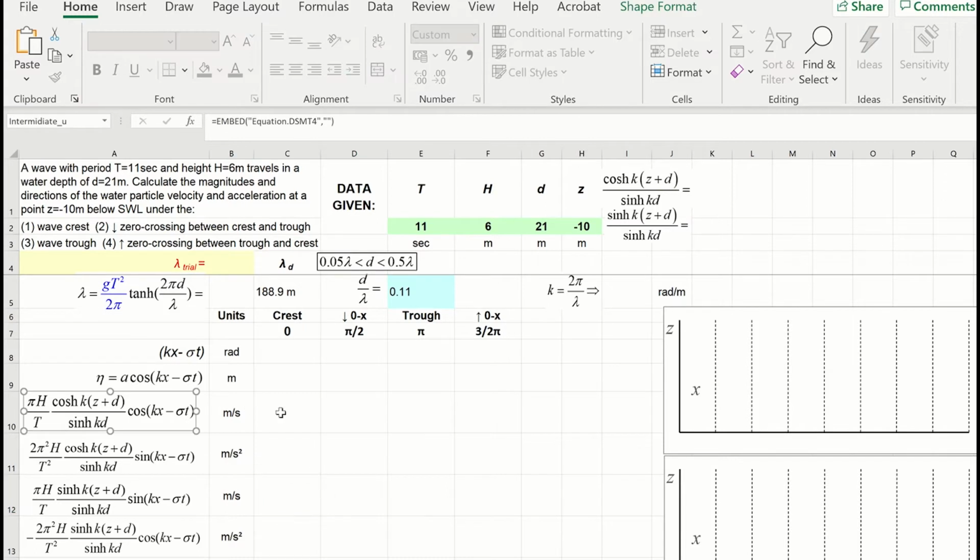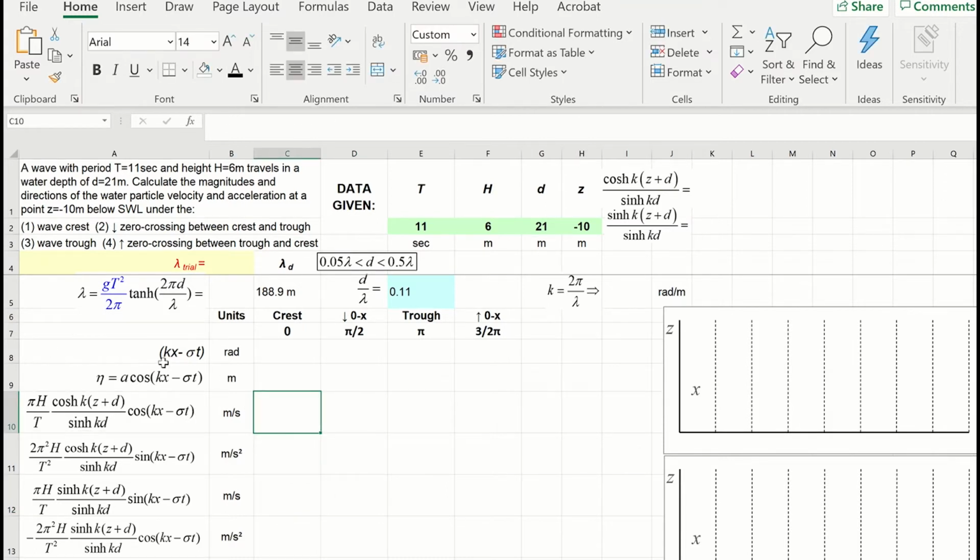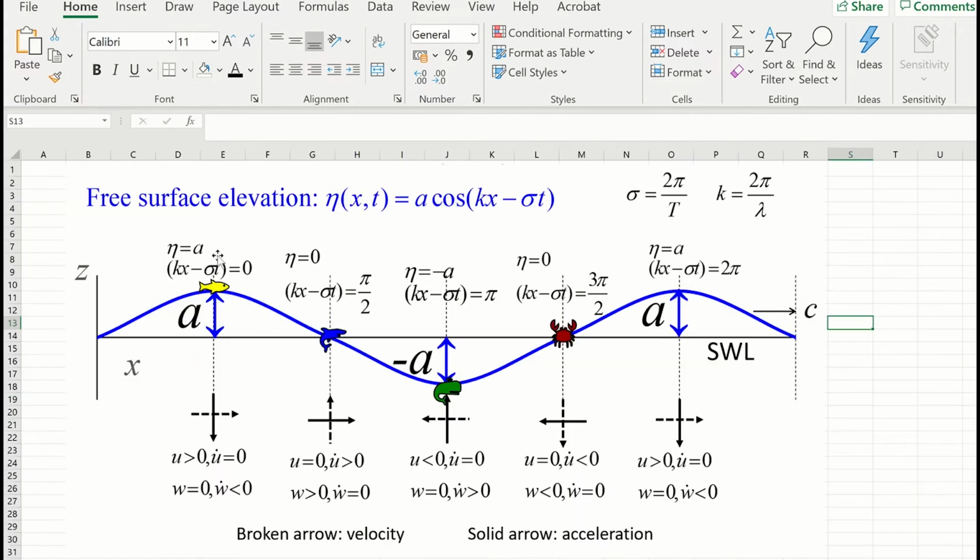And I would need to calculate water surface elevation because I would like to see my wave as well. And to calculate water surface elevation, I need the values under these brackets, which is kx minus sigma t. And we know that when we have the crest above the point of interest, the expression under brackets is equal to 0, then pi over 2, then pi, and then 3 pi over 2.